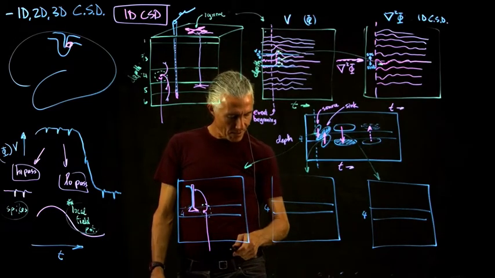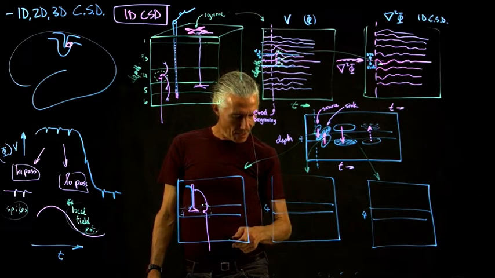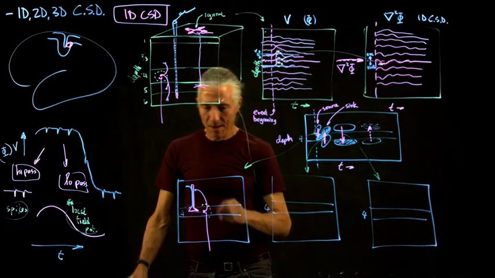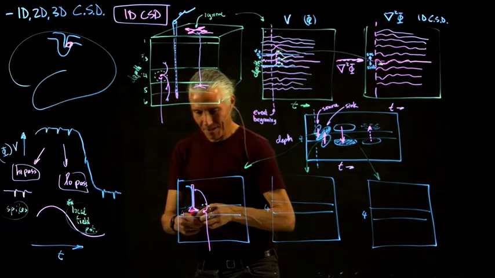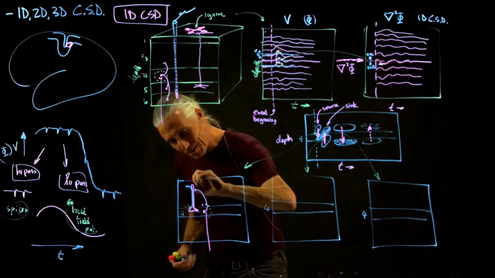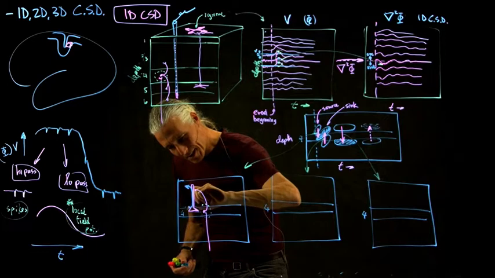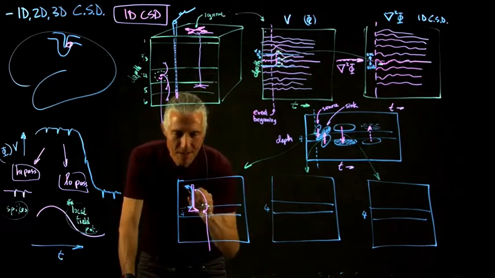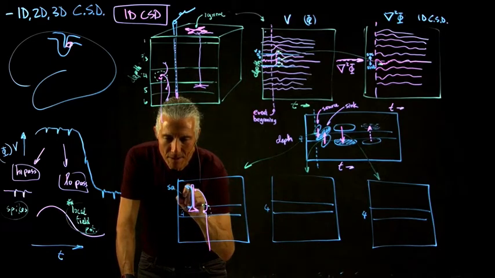Sink going to source. Okay, right, I've got it the right way. I always have trouble with this in my notes. So this guy's a source up here. This guy's a sink.